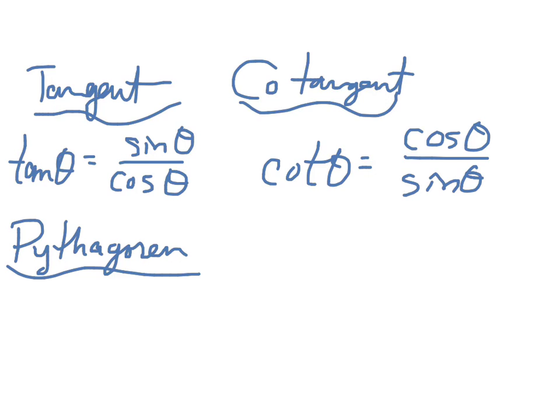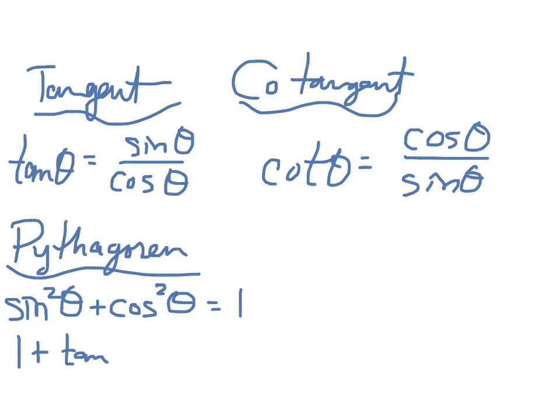So, here's how these ones work. Sine squared theta plus cosine squared theta equals 1. That's the first one. The second one says 1 plus the tangent squared theta equals the secant squared theta.